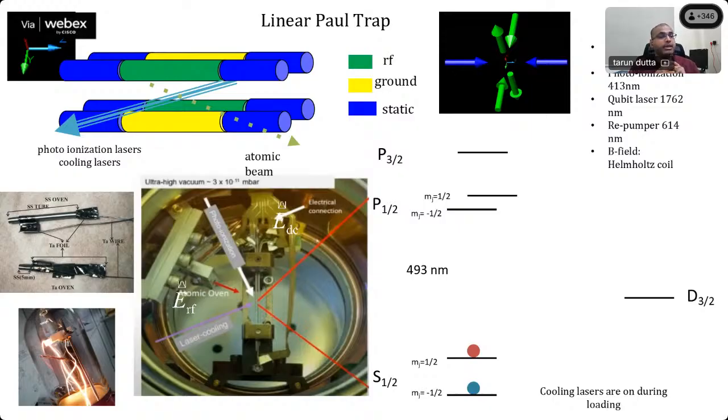That is why simultaneously you have to have atomic vapor, the photoionization laser and the cooling laser, particularly at the trap center where you have created the potential minimum for the ion. So this is challenging, and this is the way we usually load the ion.